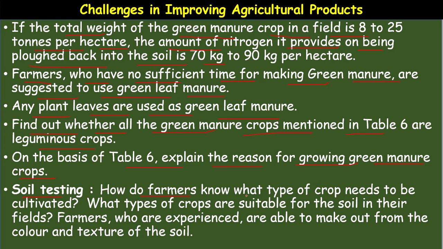How do farmers know what type of crop needs to be cultivated? What type of crops are suitable for the soil in their fields? The farmers who are experienced, the farmers who are educated are able to make out from the color and the texture of soil. By seeing just the color of the soil, they can say whether this is a fertile soil or not. That is by experience. Okay.